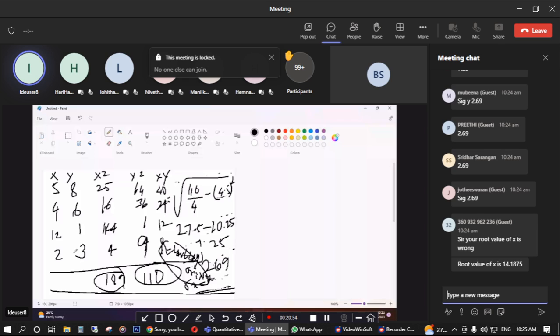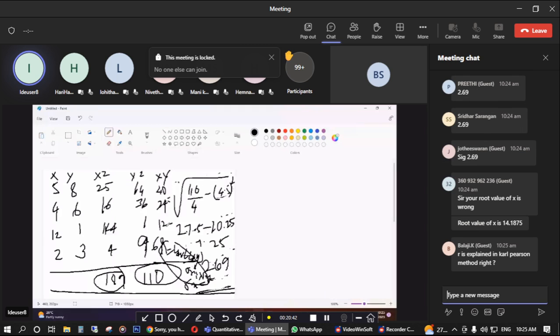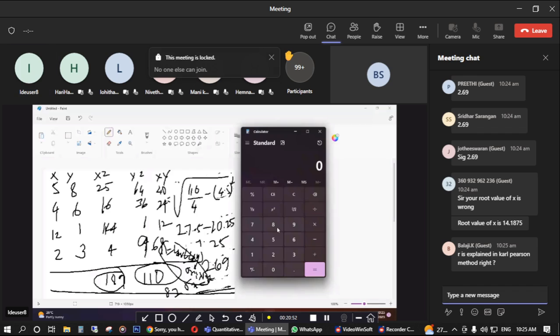Just add this: 40, 64, 76, and 76 plus 6 is 82. Okay, summation of xy is 82. 82 divided by 4 is 20.5.